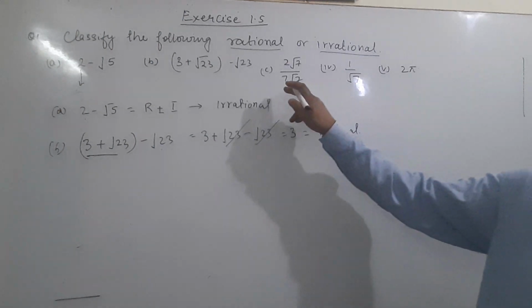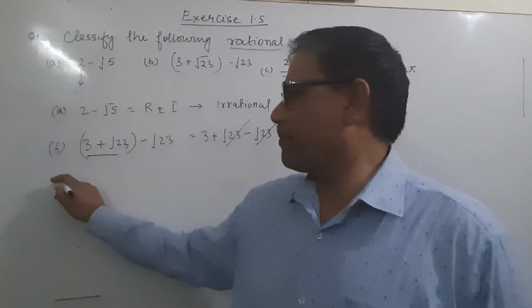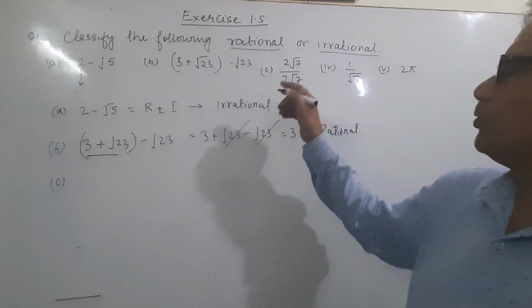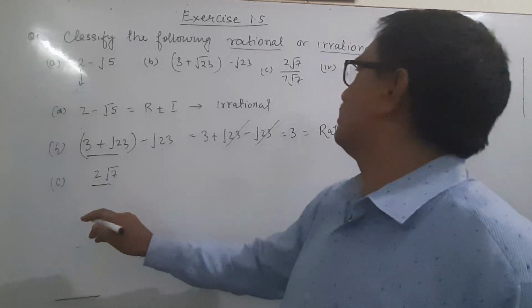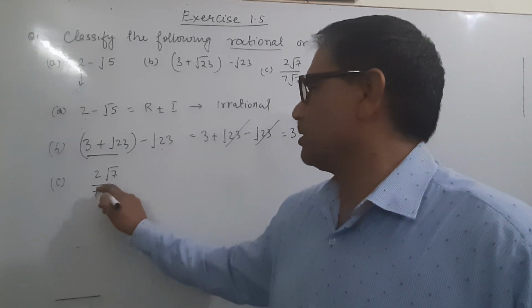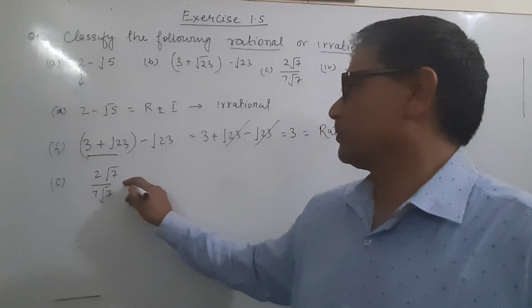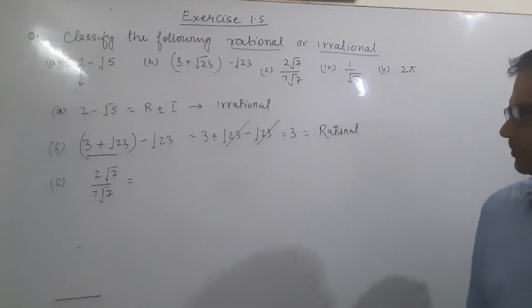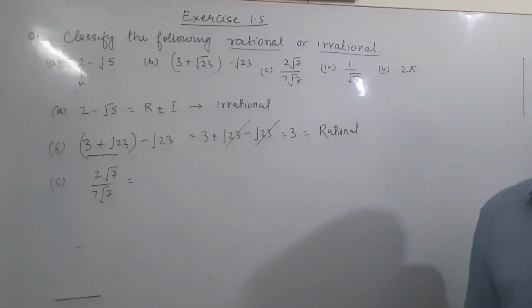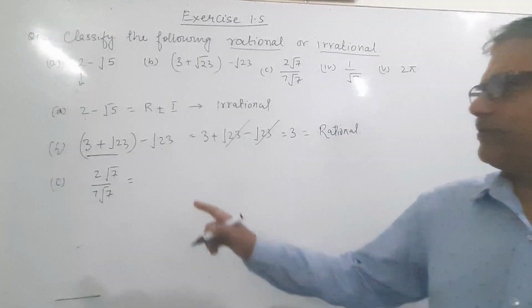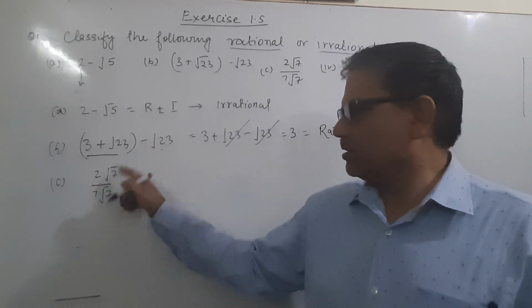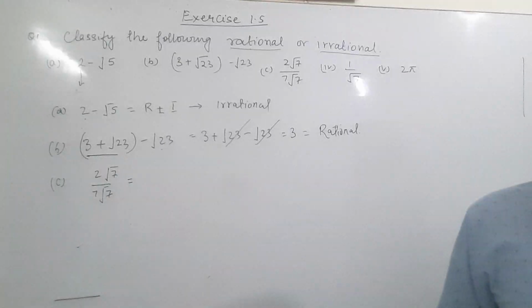And now this one, C part. 2 root 7 upon 7 root 7. Is it rational or irrational? Before saying rational or irrational, we have to check whether they will cancel or it can be reduced to simplest form.